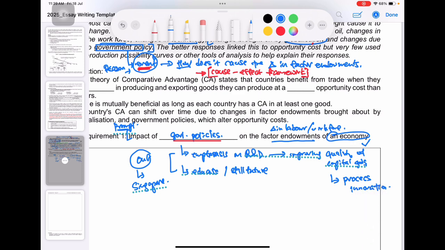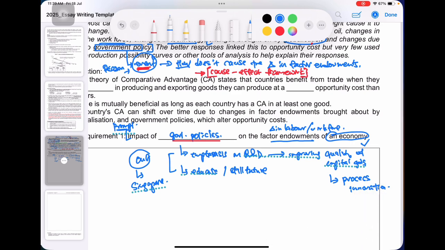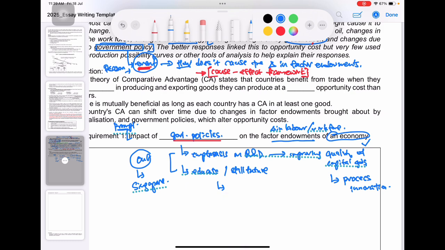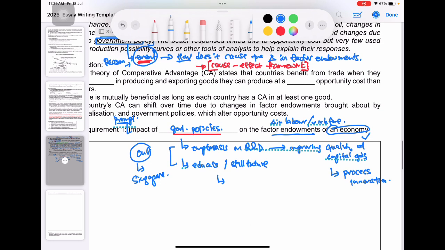Okay, then for education and skills future, you can actually read these together with the suggested answer.